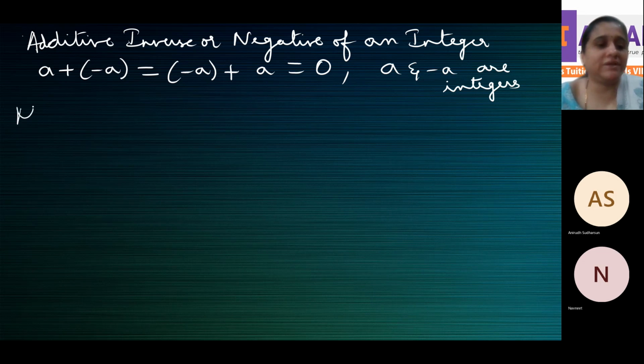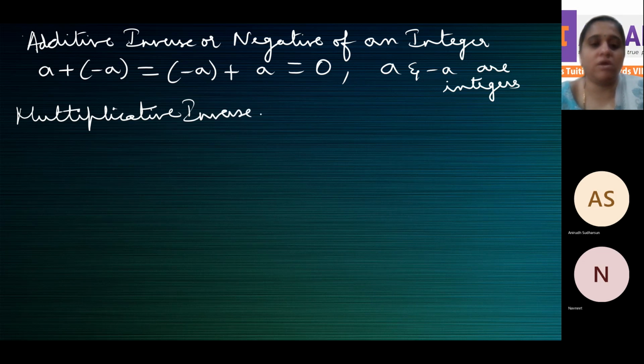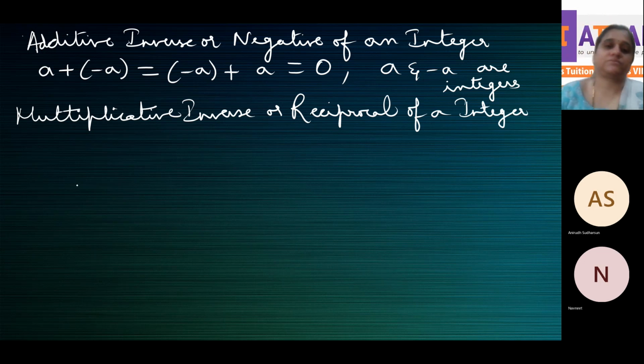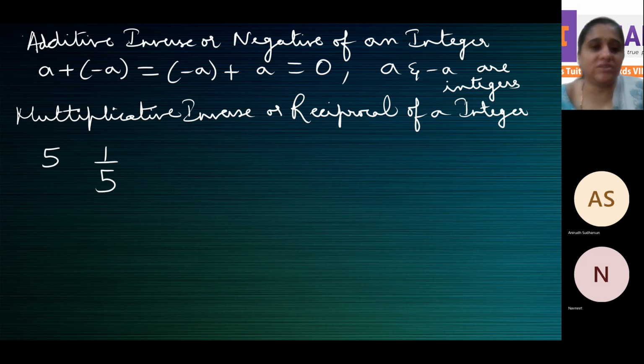Now, the next one is multiplicative inverse or reciprocal of an integer. Now, let me give you examples. You will understand yourself. The multiplicative inverse of 5 is 1 by 5.